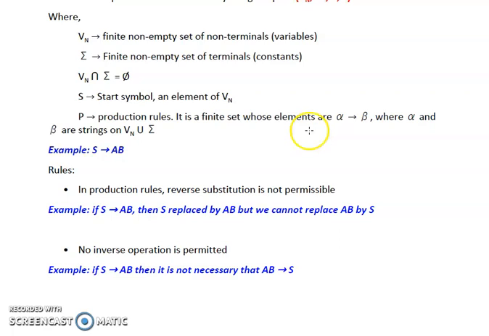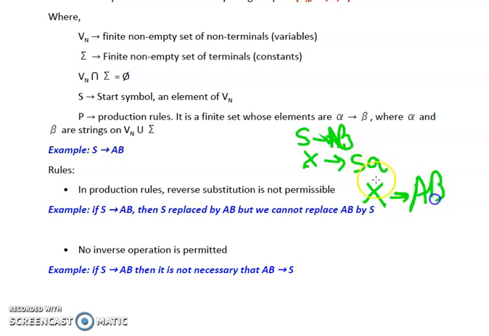Let's take an example. Suppose we are having S tends to AB. Now we are having something like X tends to Sa. So over here we can replace S by AB. So we can have a new production rule: X tends to ABa, where S is replaced by AB and the small a is written as it is. So this is possible. But suppose there is something like X tends to ABa.